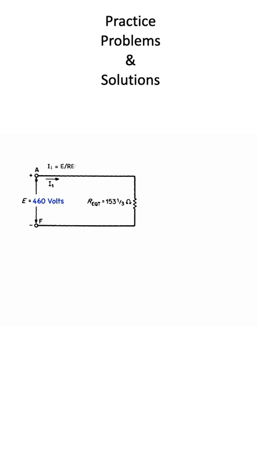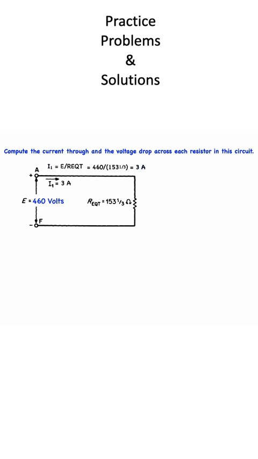I1 is equal to E divided by REQT, where E is the power supply voltage, and I1 works out to be 3 amps. We are now in a position to compute the current through and the voltage drops across each resistor in the original circuit. Stay tuned for the second half of this video where we will do just that.